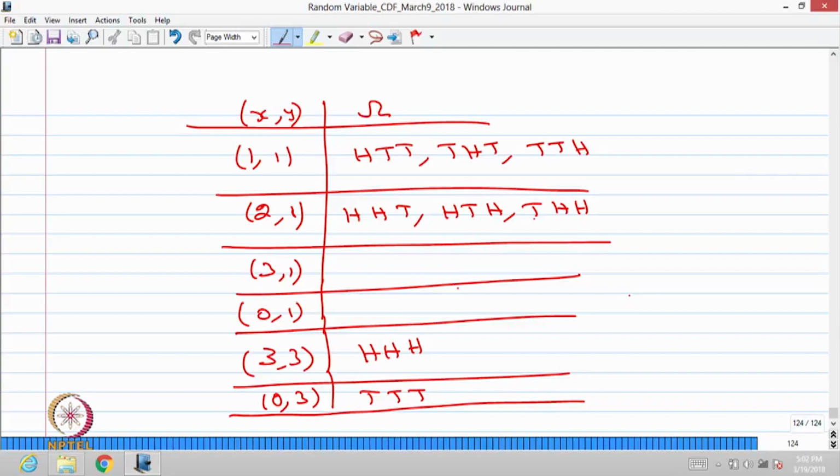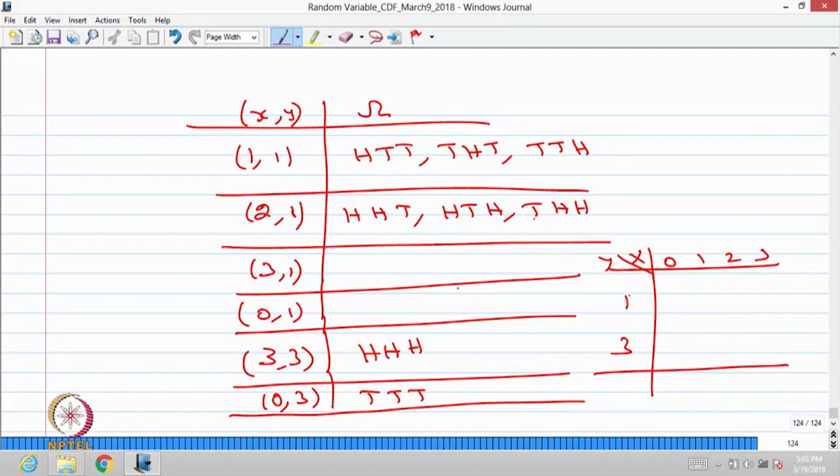Therefore, now we can go for finding out the joint probability mass function of x comma y using this box. That is, when x takes a value 0, 1, 2 or 3 and y takes a value 1 or 3, we can make a table.